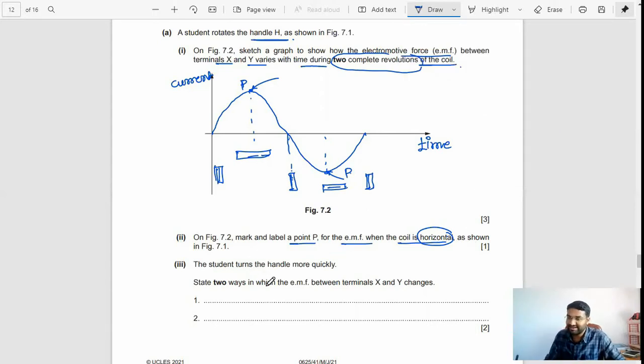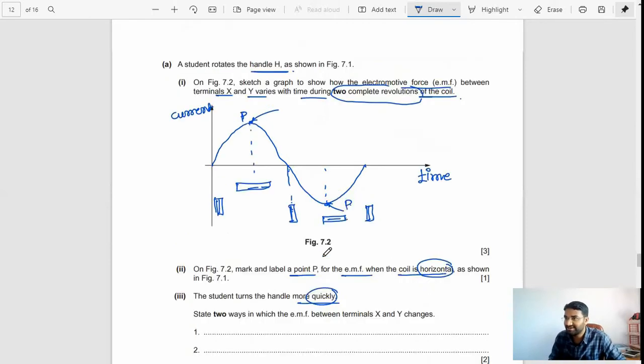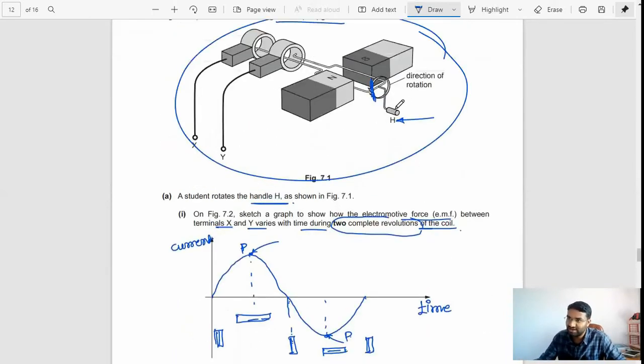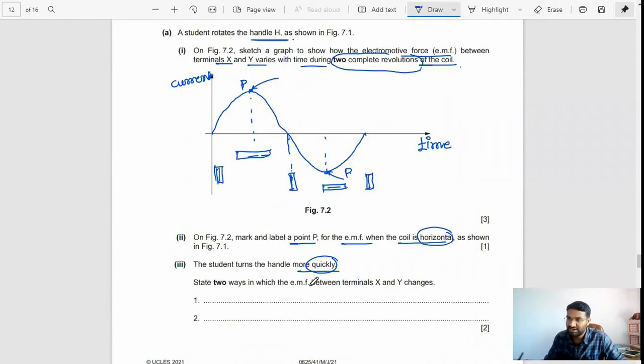Next, the student turns the handle more quickly, meaning the student turns this coil quickly. State two ways in which the EMF between terminals X and Y changes. Here two possibilities are there. Looking at this graph, either your amplitude changes or the frequency changes.